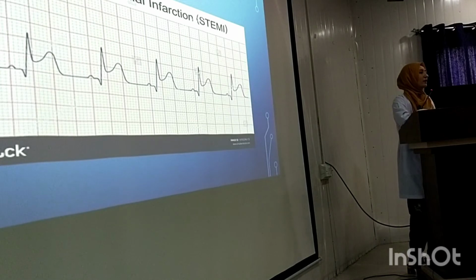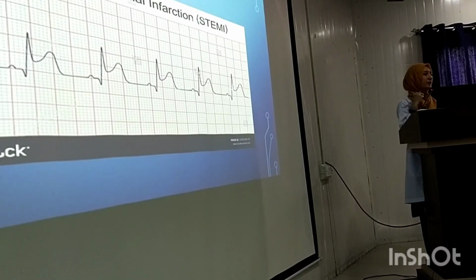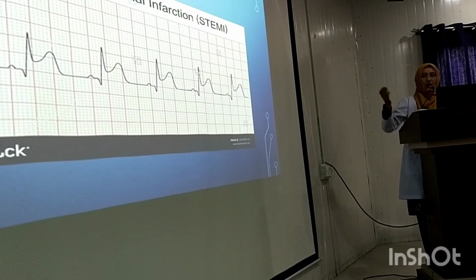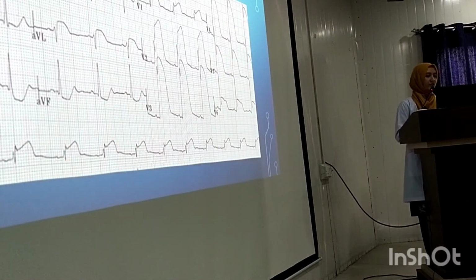Okay, let's go ahead. Now we'll talk about the ST elevation MI. I think most of the people are good at picking the ST elevation MIs. This is how it looks, and you can see the ST segment is elevated.